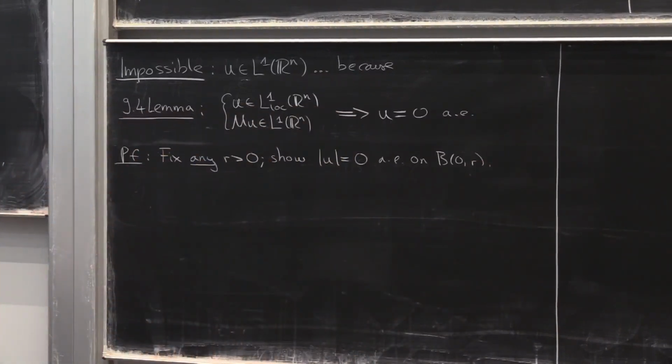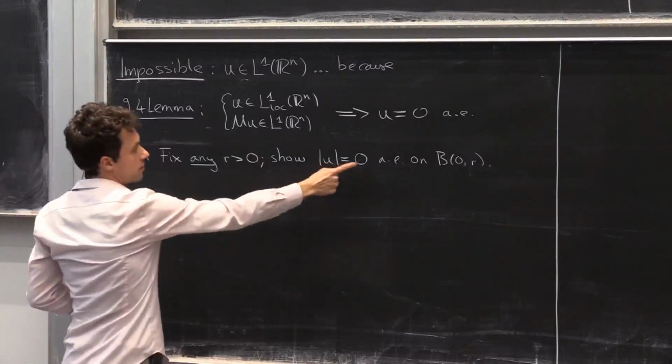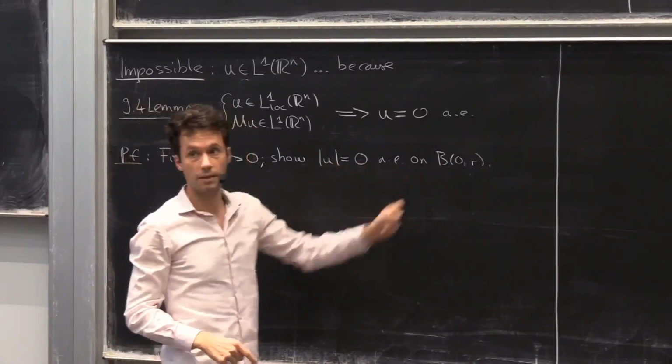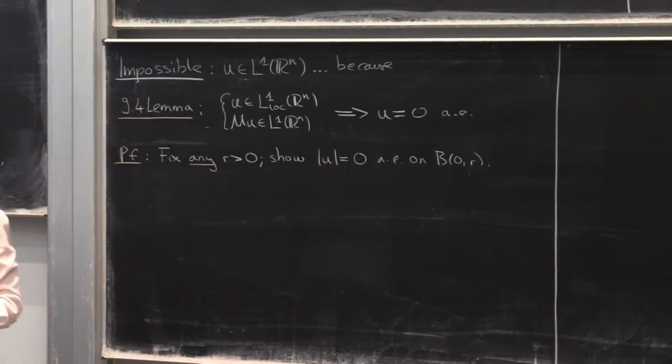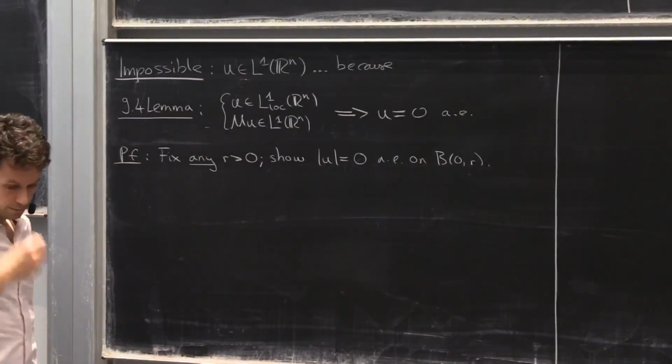This is going to take care of that. And in order to show that u is going to be 0 almost everywhere in that ball, I just have to prove that the integral of the absolute value of u is 0. And this is what I'm going to do as follows.